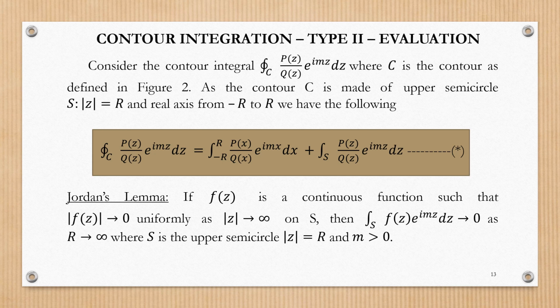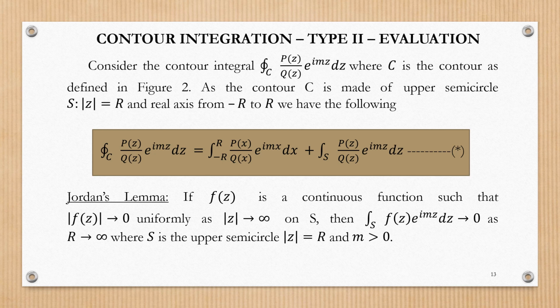We use Cauchy's lemma in making this upper semicircle integral 0 in the case of type 1. Here, in making the upper semicircle integral 0 in type 2, we use Jordan's lemma as r tends to infinity. The left hand side of equation star can be evaluated using Cauchy residue theorem.